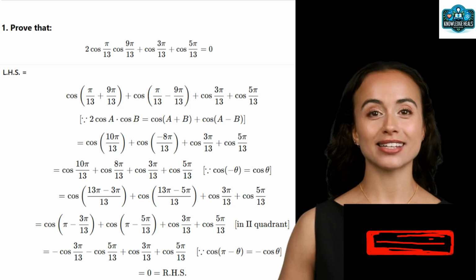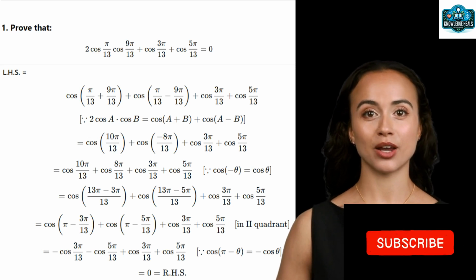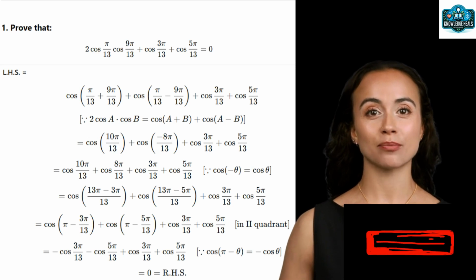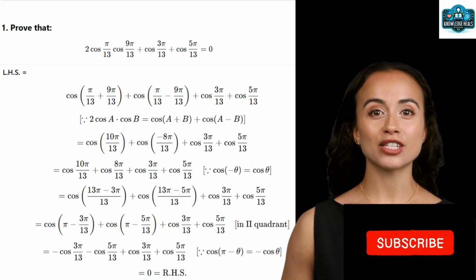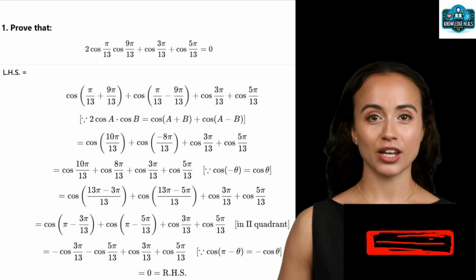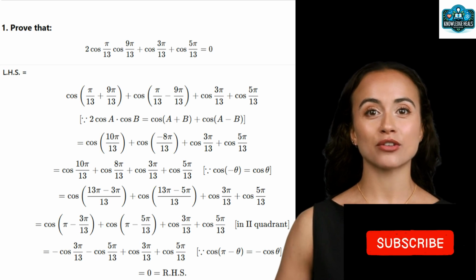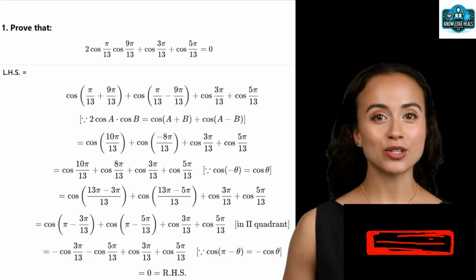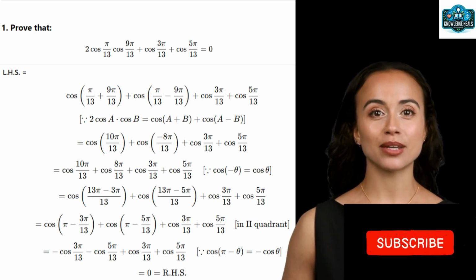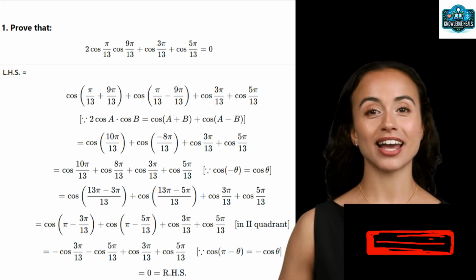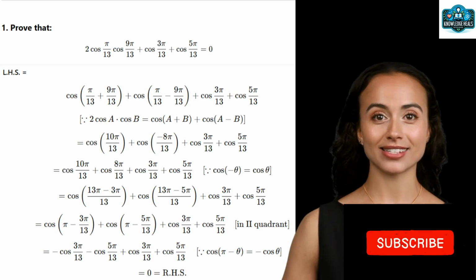As the angle is in the second quadrant, the equation becomes cos of pi minus 3 pi by 13 plus cos of pi minus 5 pi by 13 plus cos of 3 pi by 13 plus cos of 5 pi by 13, which is equal to minus cos of 3 pi by 13 minus cos 5 pi by 13 plus cos of 3 pi by 13 plus cos of 5 pi by 13, which is equal to 0, that is RHS. Hence, it is proved.